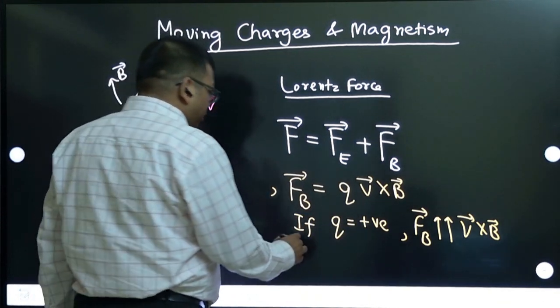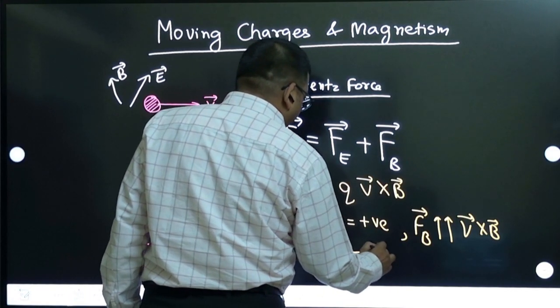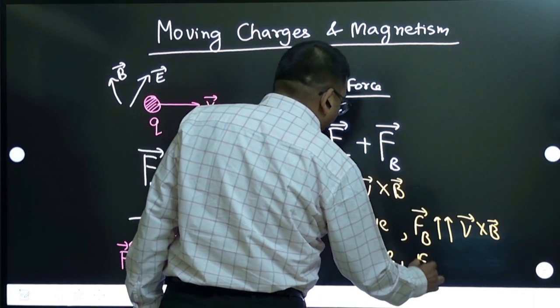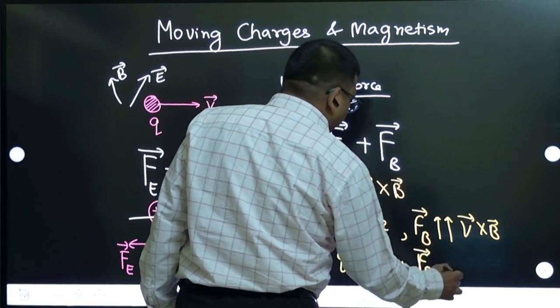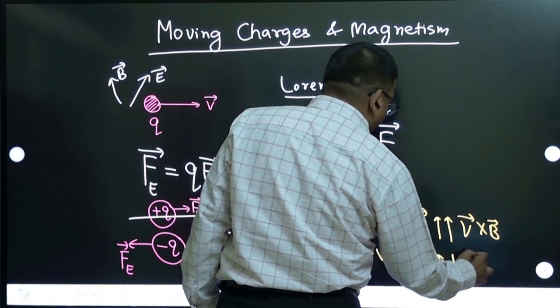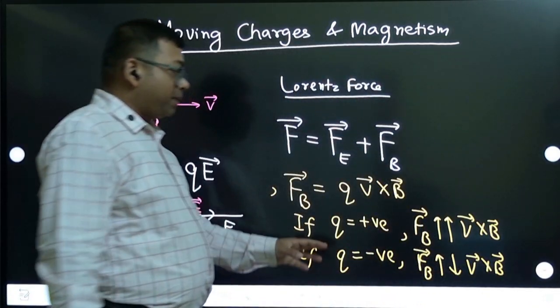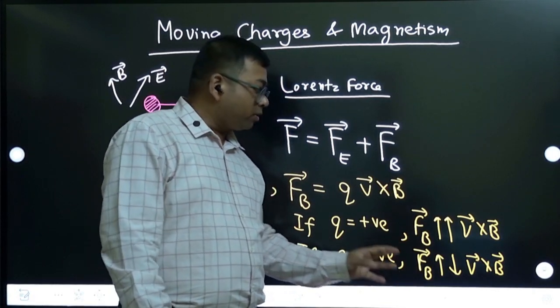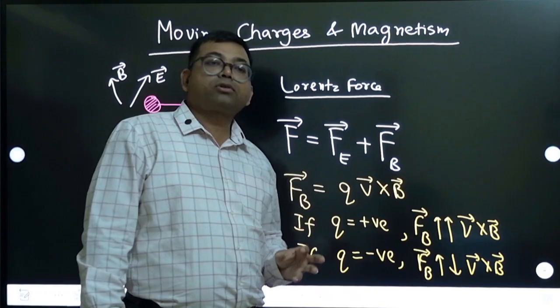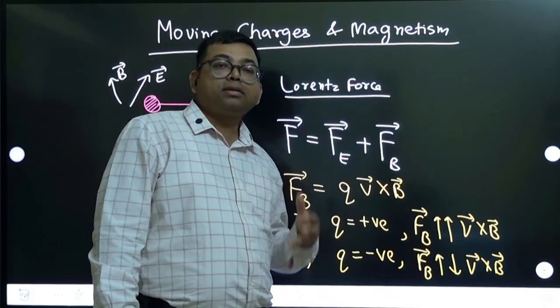But if the charge is negative, then the magnetic force is going to be opposite, anti-parallel, to v cross B. v cross B is the cross product of two vectors, which we need to calculate according to the right hand thumb rule.